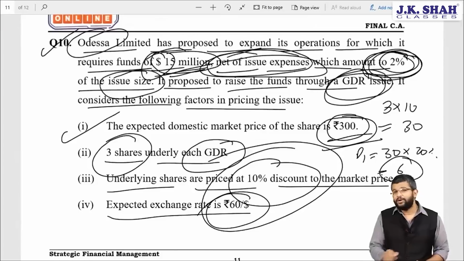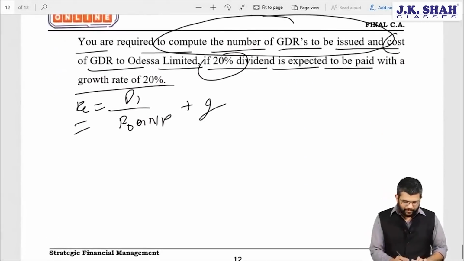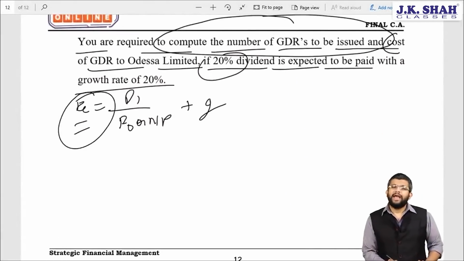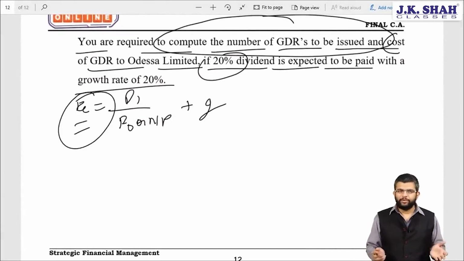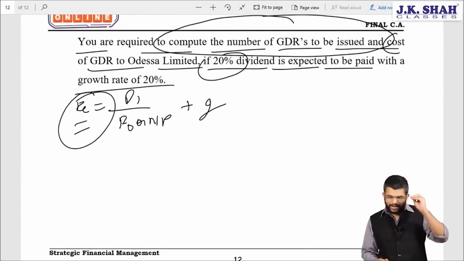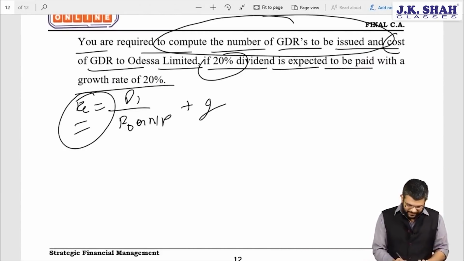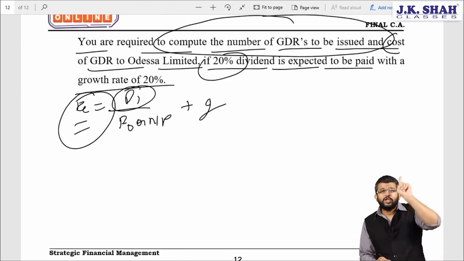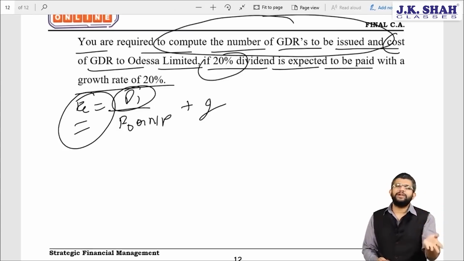I'll again repeat. They're asking you the Ke, which means the cost of the GDR, and considering it is connected to equity only, we're going to use Gordon's formula for calculating Ke, that is D1 upon P0 or net proceeds plus g. From 1 GDR certificate, the D1 we get is equivalent to the D1 of 3 shares, because in 1 GDR there are 3 shares.